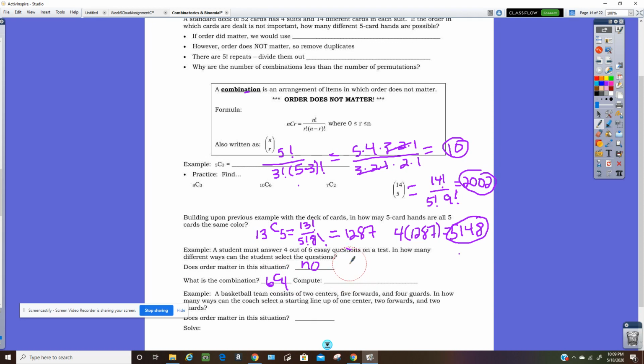So you have 6 factorial over 4 factorial times 2 factorial. It'll be 6 times 5 over 2, which is 15.